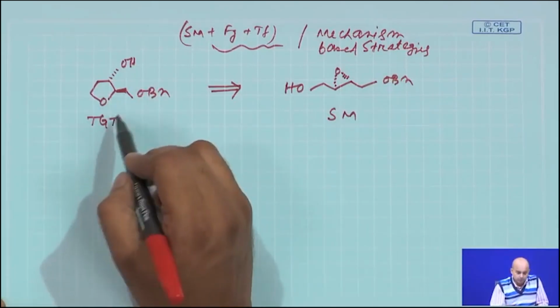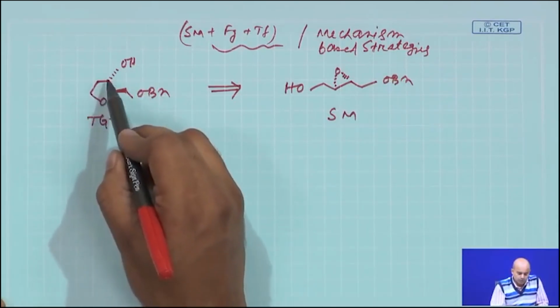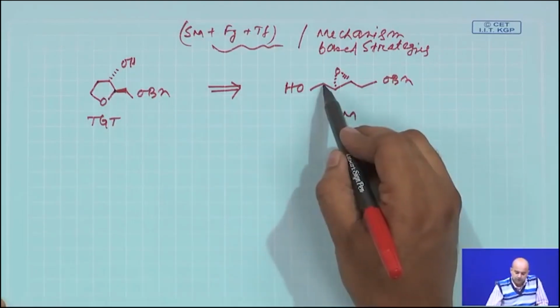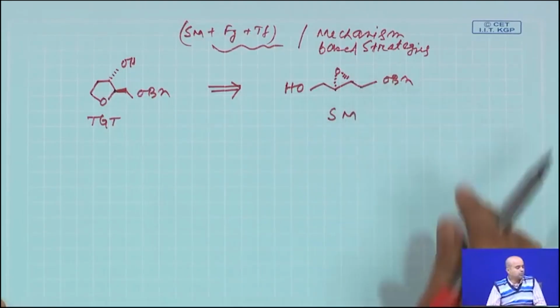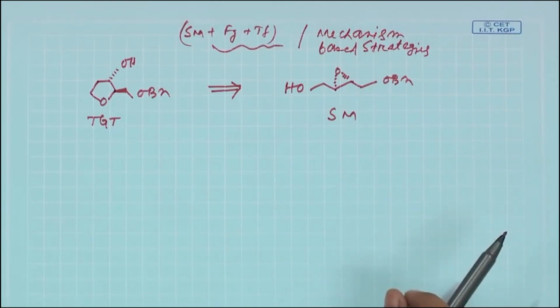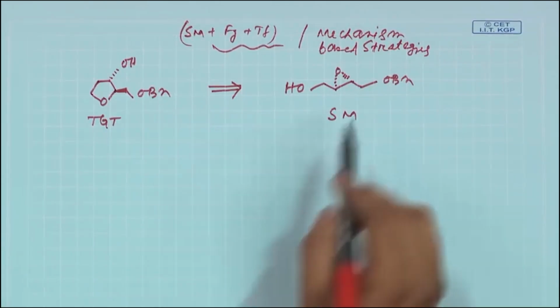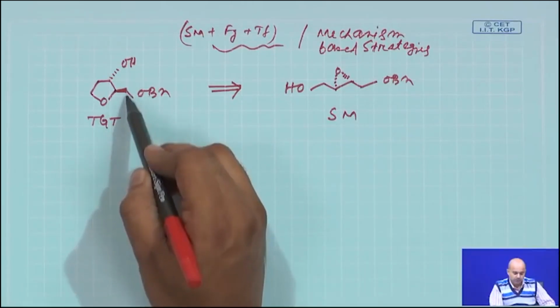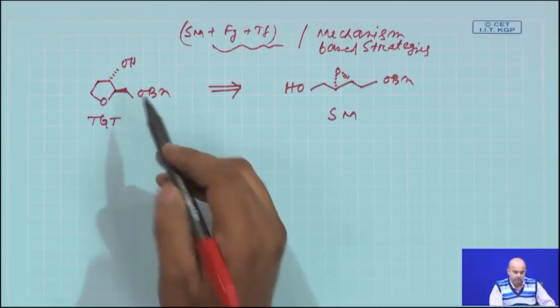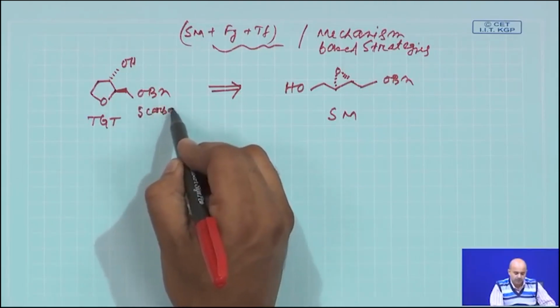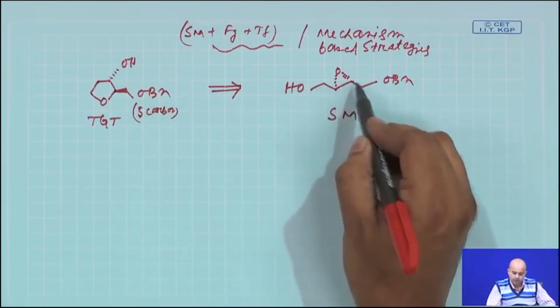Now, try to count the carbon atoms 1, 2, 3, 4. The 4 is the basic skeleton in this tetrahydrofuran carbon. Here also 1, 2, 3, 4. So, no need to add any extra carbon as is evident from the structure, but if you see the side chain of this tetrahydrofuran, you have one carbon extra, CH2OBn. So, this is basically 5 carbon and this part is 1, 2, 3, 4.